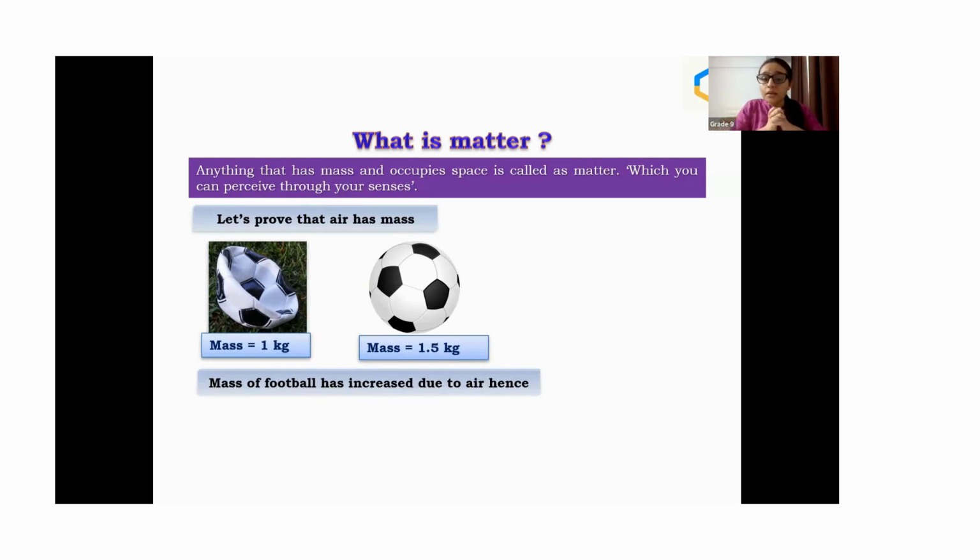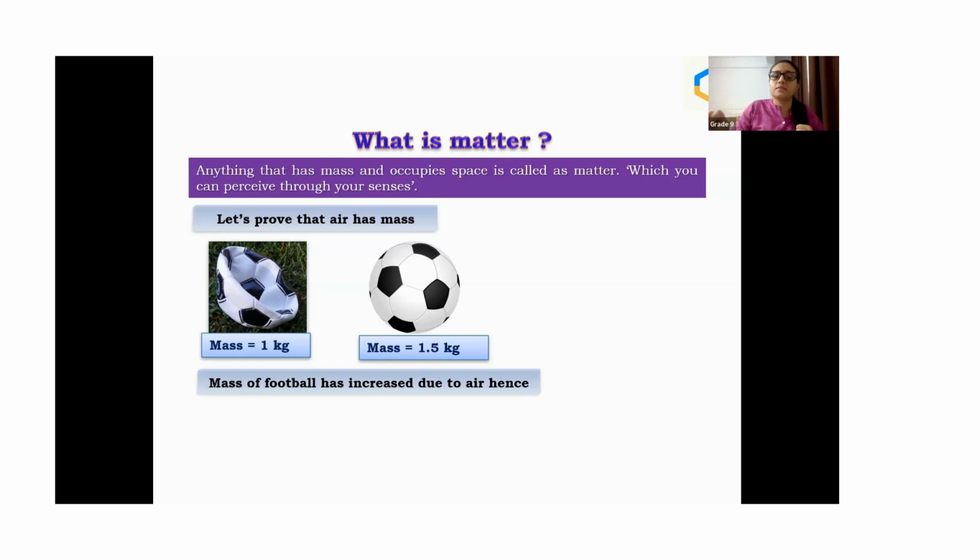I would like you to think about this concept that mass is actually the composition of particles which are present inside the object and we can measure it. So the composition of particles present inside an object really proves that the object has a mass.